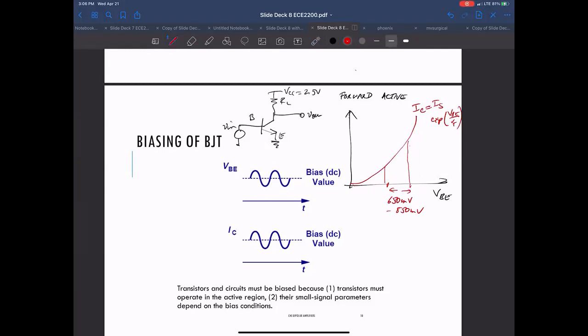If you limit the input signal that you modulate in this region to be small enough, then you can count on the current change of the amplifier to be relatively linear.